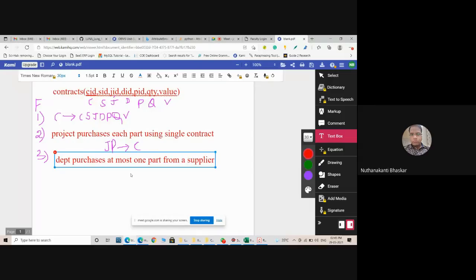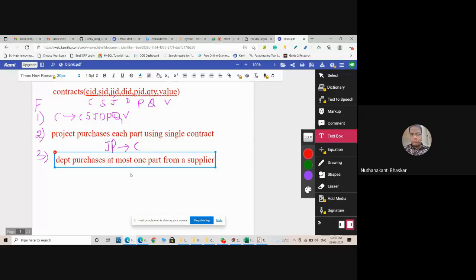Exactly. Here, every department is going to purchase at most one part from a supplier. Project means any construction project or anything you can take. The supplier is supplying, but a department purchases at most one part. Out of all the parts, at most one part from a supplier. Here the part is always dependent on the supplier and department, compulsorily.